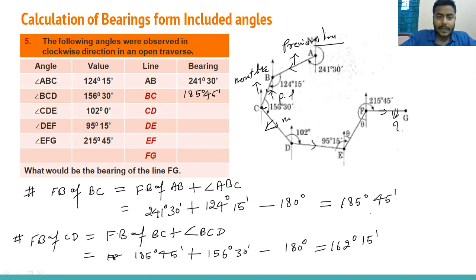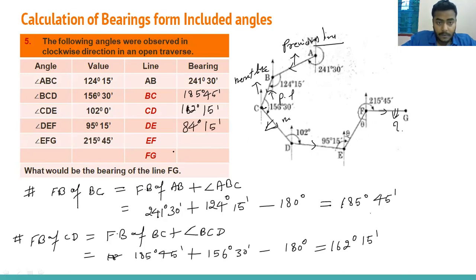So similarly, you can calculate the bearing for the lines DE, EF, FG. So I am writing here 162 degree 15 minute for CD. And then you can calculate also for DE, that is 84 degree.